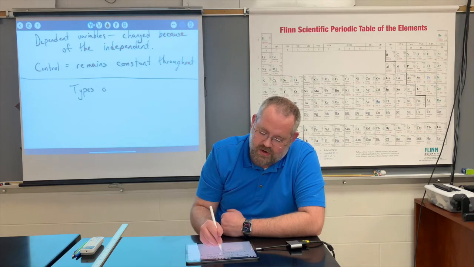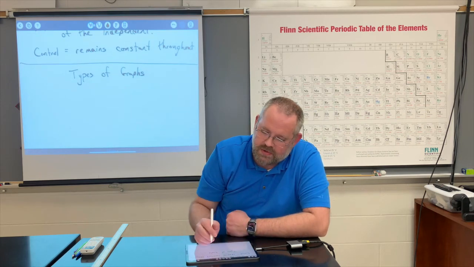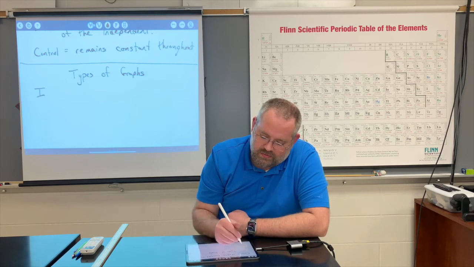Some types of graphs. Hopefully some of this is review that you've talked about before in other classes, in math class maybe. We talked about inverse and direct proportions in here.